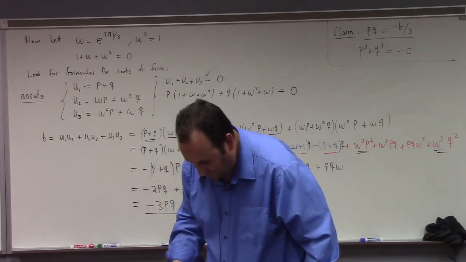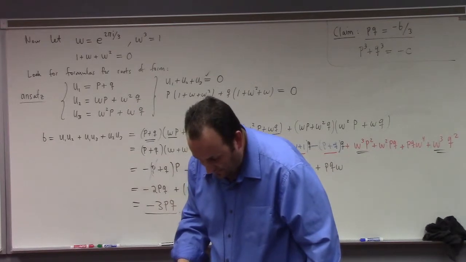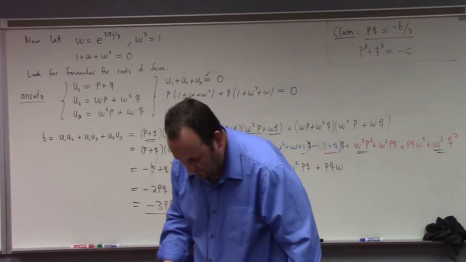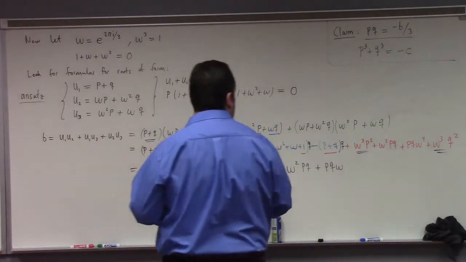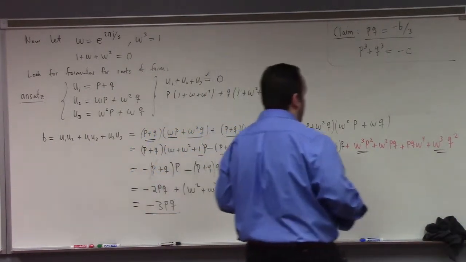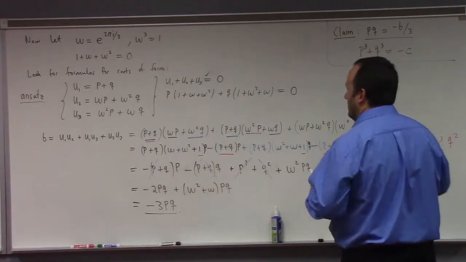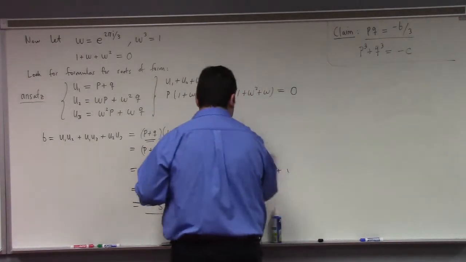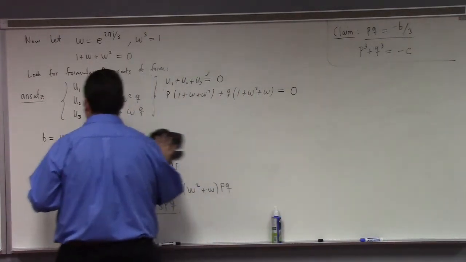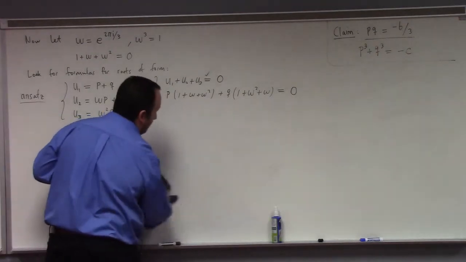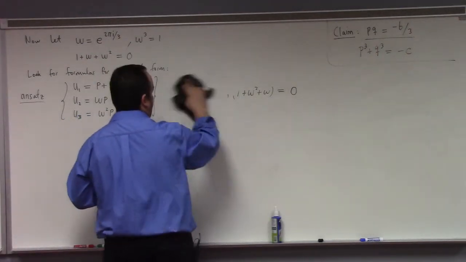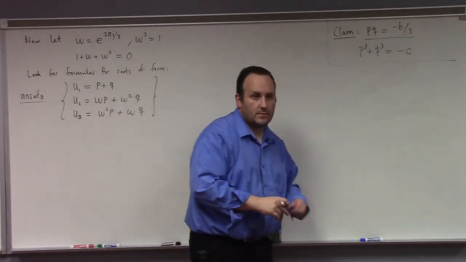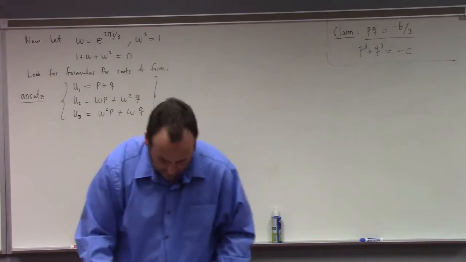He says the following. He says, these equations imply that p cubed and q cubed both satisfy the quadratic equation. Here we go.